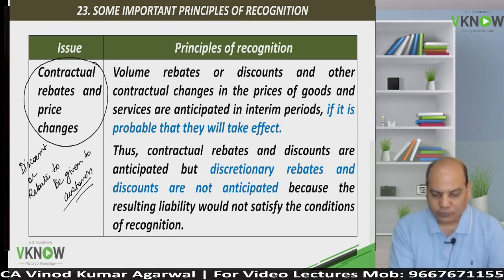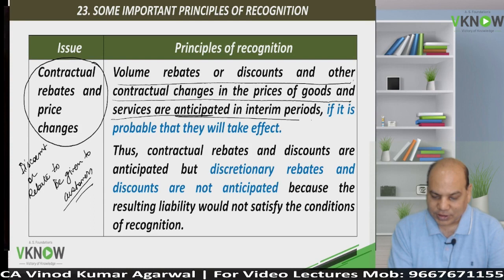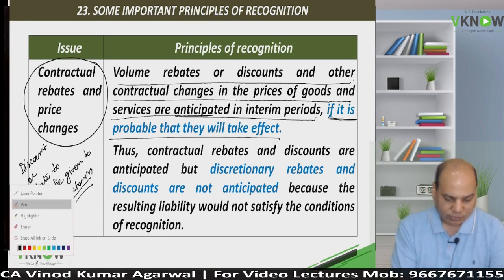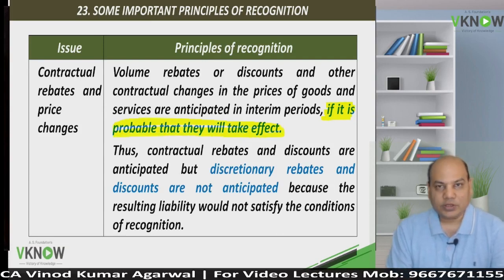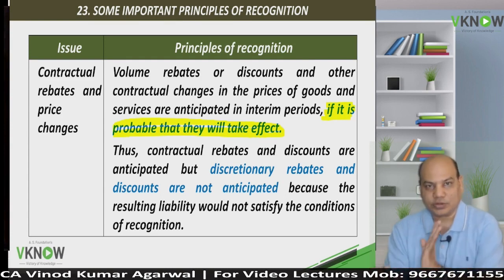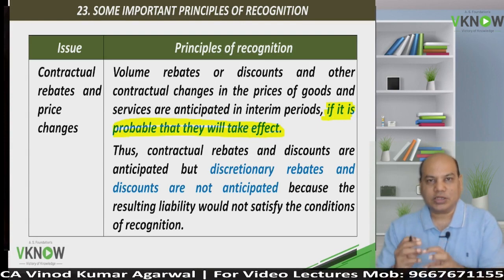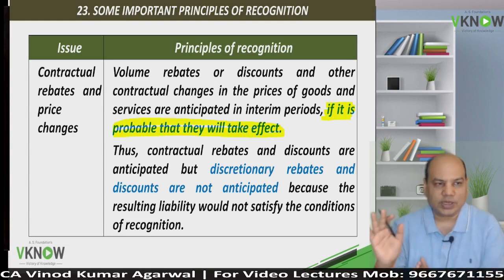So the answer is volume rebates or discount and other contractual changes in the price of goods and services are anticipated if it is probable that they will take effect. Very, very important that you can make provision for discount, rebate if it is probable that they will take effect, because he has already purchased the goods. Okay, but final discount figure will be known once he completes the target.